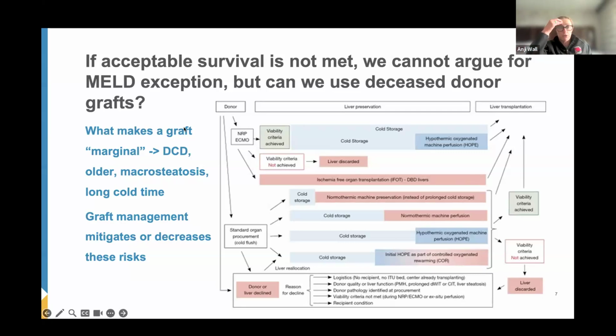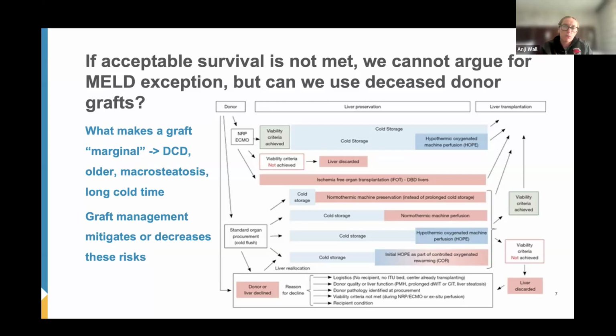What it boils down to is a question of what makes a graft marginal or what makes a graft extended criteria. There are a lot of things that make grafts extended criteria: donation after circulatory death, older grafts, macrosteatosis, and long cold time. I'm not going to go through each one of these extended criteria situations.